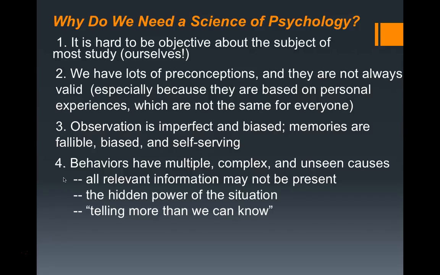Okay, and this leads us to the whole idea of telling more than we can know. This is the idea that much of what affects our behavior, much of the decision making and the judgmental processes behind our behavior, are occurring at a mental level, a cognitive level that's beyond our cognitive reach. We can't be consciously aware of all those higher order mental processes that are going on.